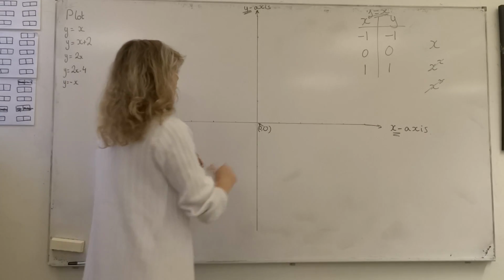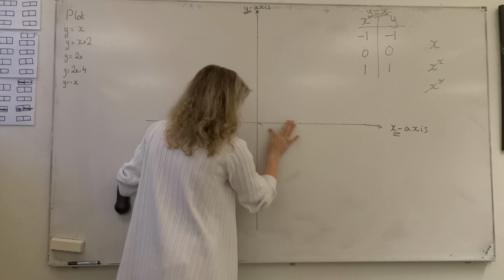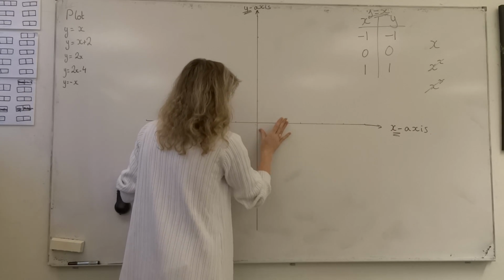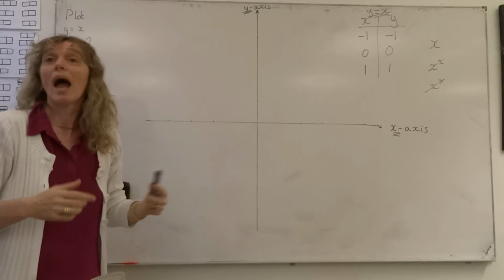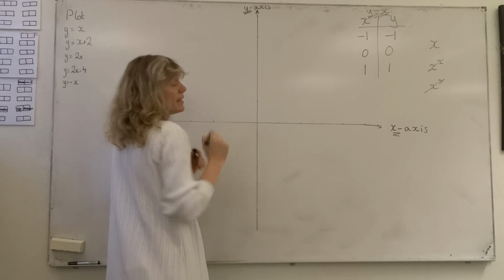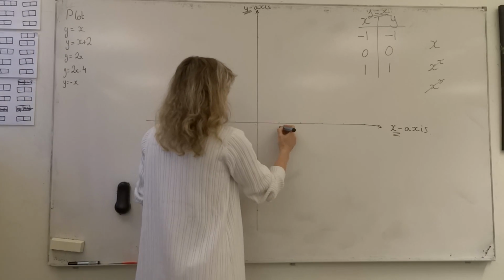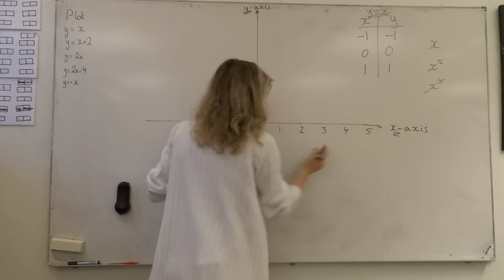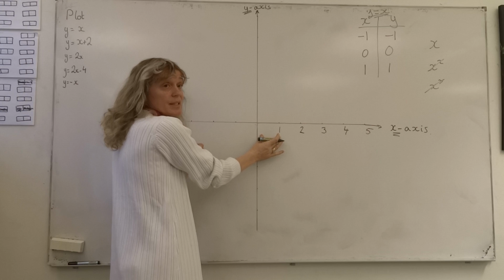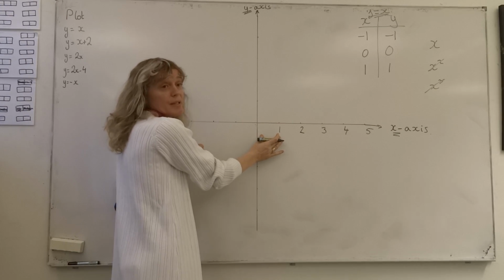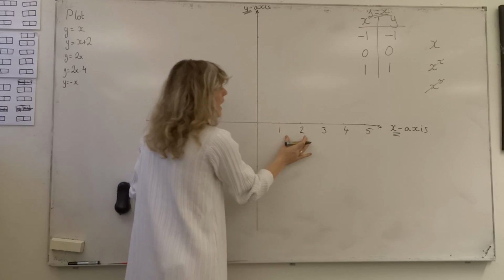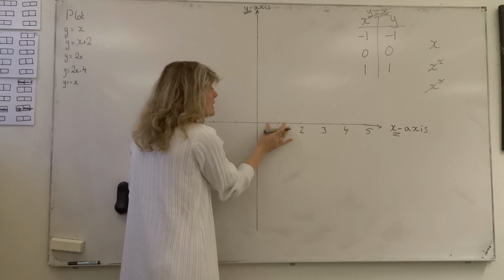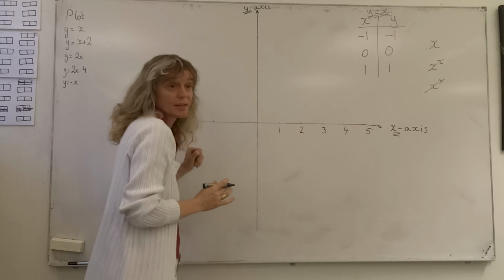Let's have a look. So first, before we can do anything, we actually have to fill in our axis. This point here is 0, the origin. Let's say we go 1, 2, 3, 4, 5. I've made each of the distances between here 10 centimeters. So when you draw an axis to scale, it's important that the distance between each number is identical.